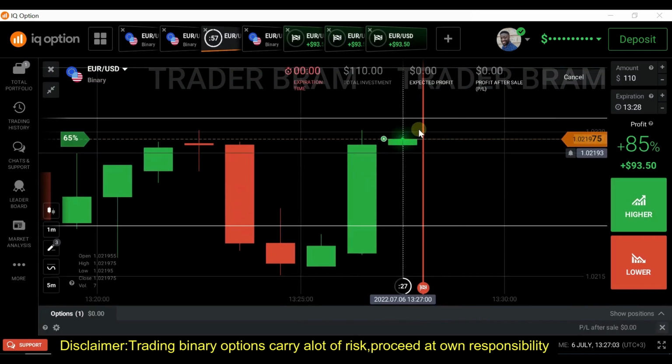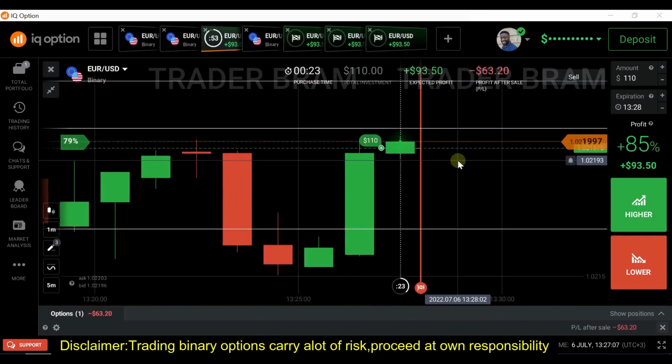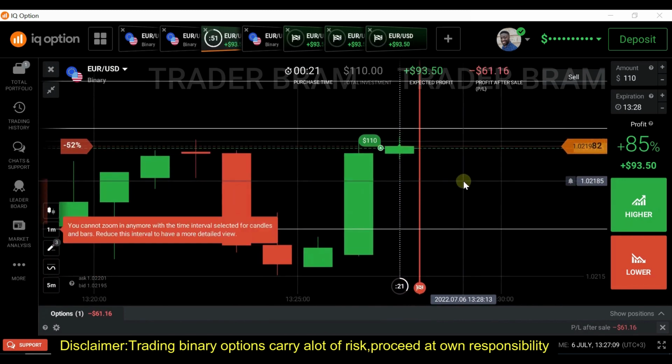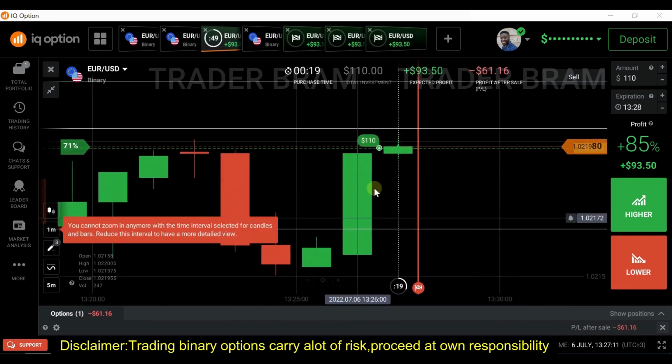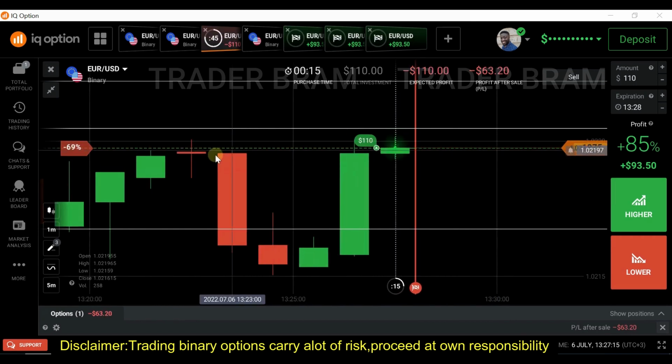I've seen the potential of buyers to move higher. That's why I'm doing a call option. So this live candle tried to break this area. Despite the rejection, it tried as much as possible to break this area.